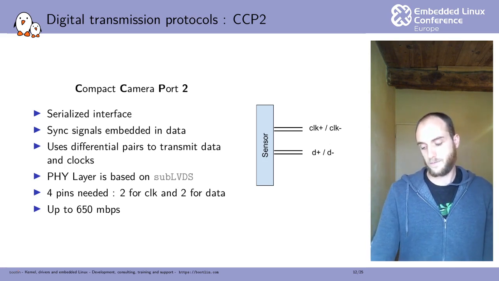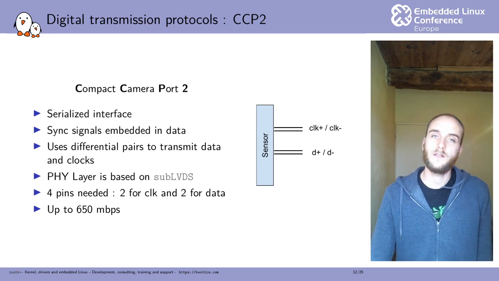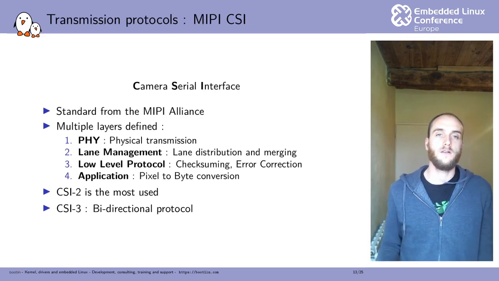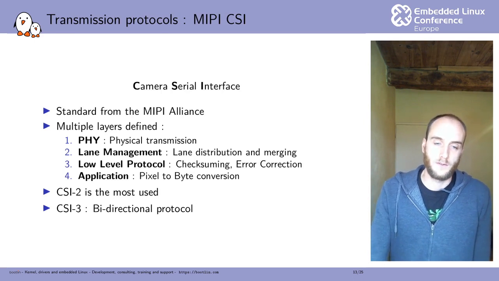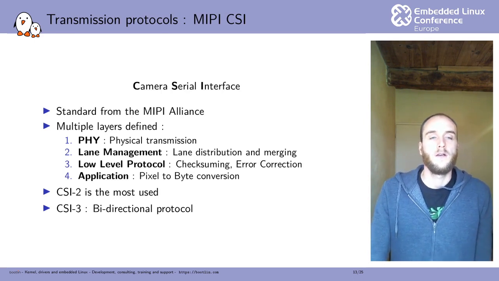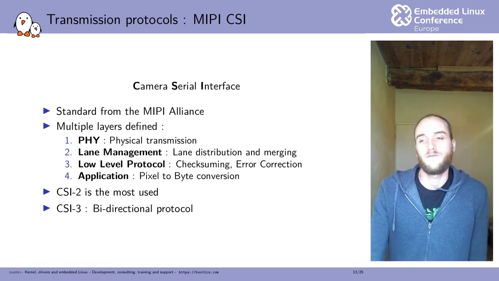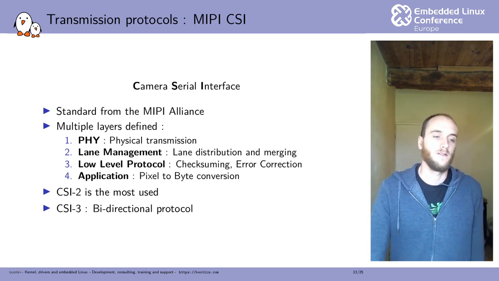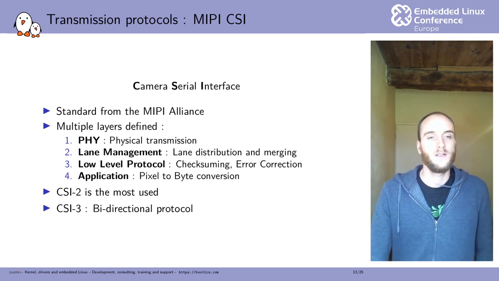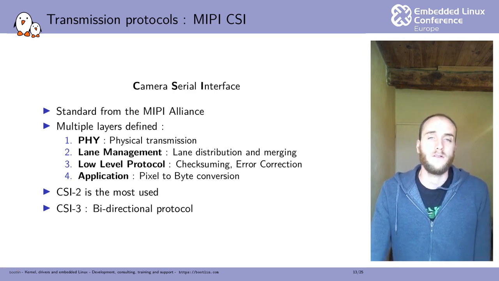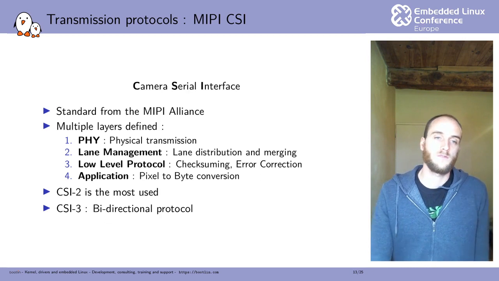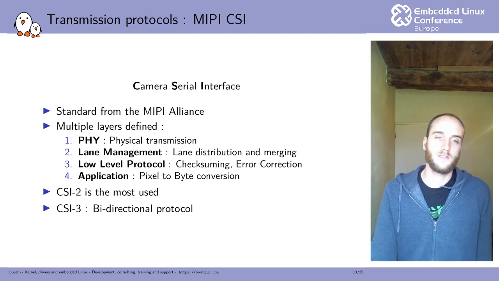So next, there is a very widely used interface. It's actually a standard, which is the CSI standard from the MIPI Alliance. It is very familiar to people who are used to working with networks because it is divided into several layers. A PHY layer dealing with the physical transmission of the data over electrical signals.